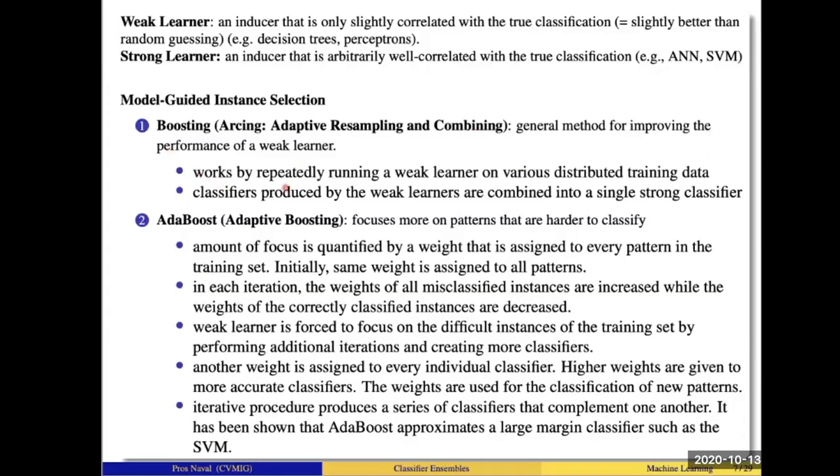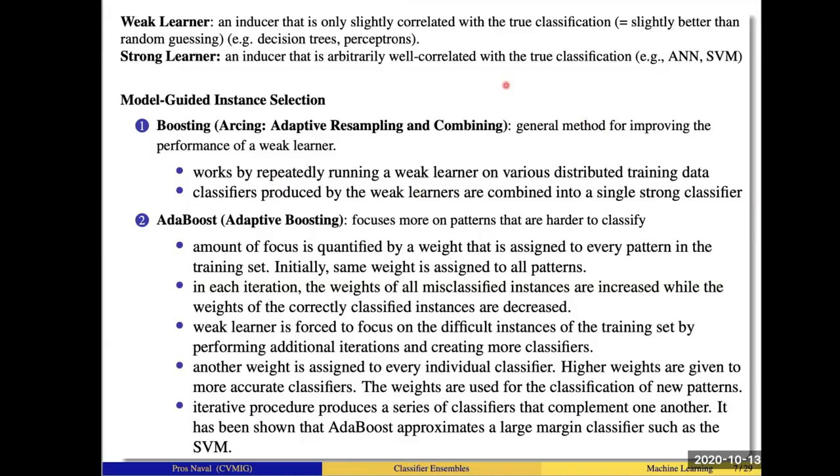This works by repeatedly running a weak learner on various distributed training data. Now, the classifiers produced by the weak learners in this model-guided instance selection are combined to form a single strong classifier.